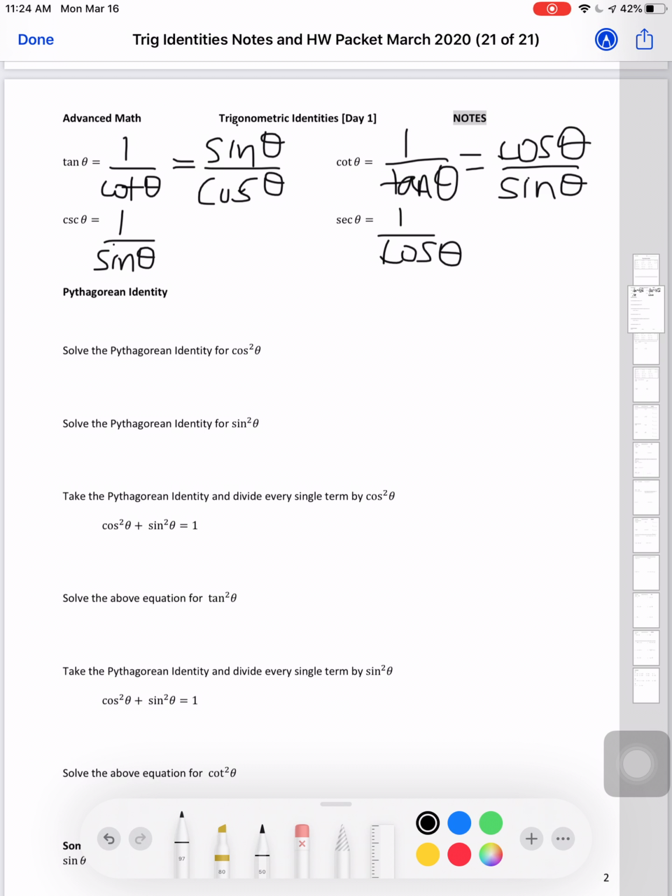The Pythagorean identity for cosine is, if we take the Pythagorean identity from above, that is sine squared plus cosine squared equals 1. It's like the Pythagorean theorem, and therefore we call it the Pythagorean identity.